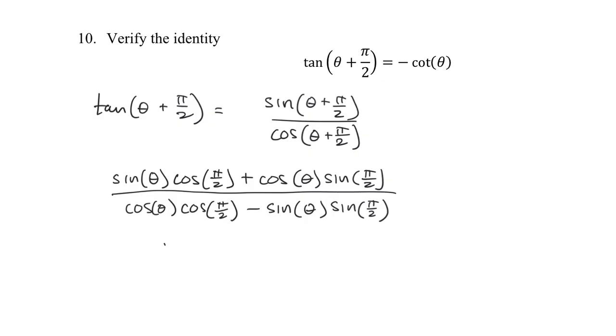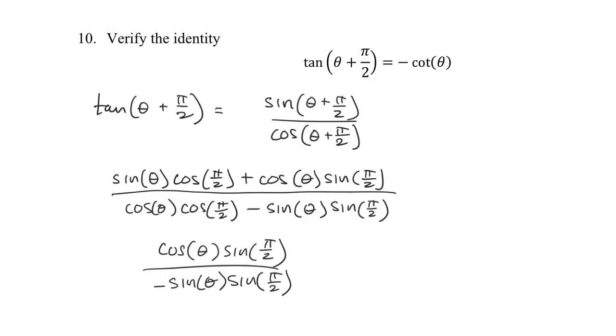So what we're left with is cosine theta sine pi halves, and then we're left with this part here, sine theta sine pi halves, and then these two are going to cancel each other out.